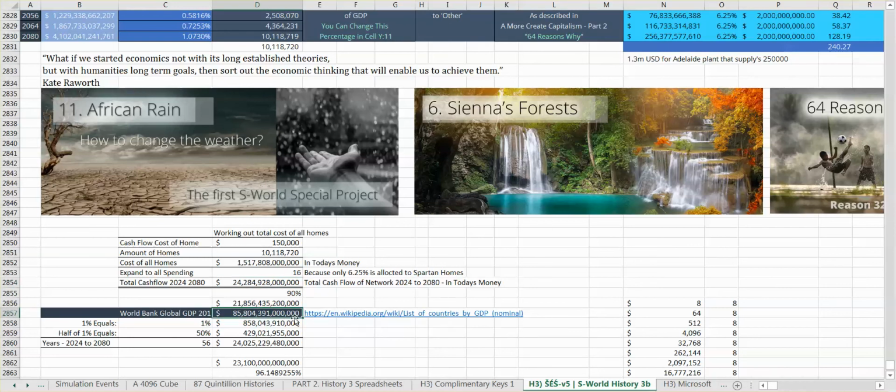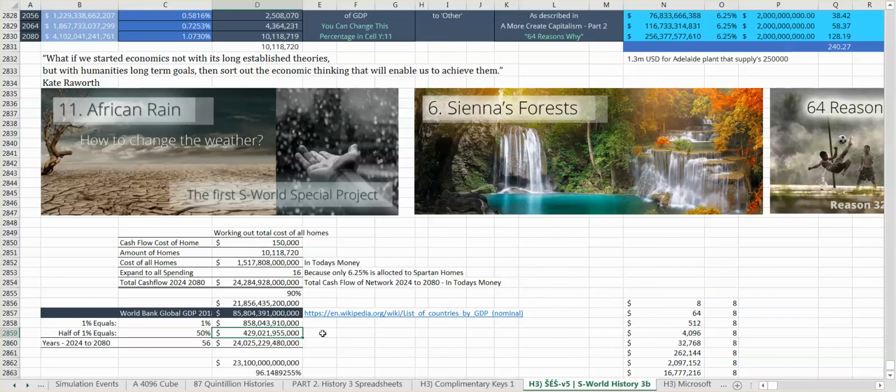And what we got here is World Bank, and we see that 1% of global GDP is this figure here, 585. Half of it is 429 billion. But then we got, and that's the average per year if a company was making 0.5% of global GDP. Yeah, that's the double check.